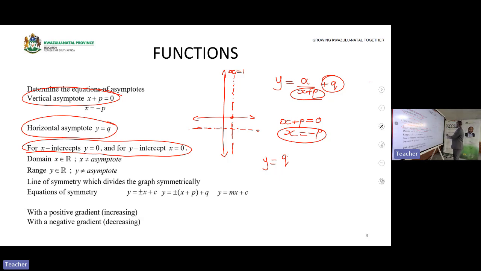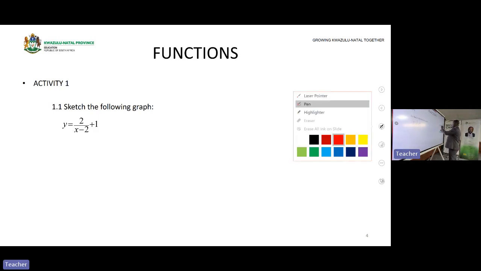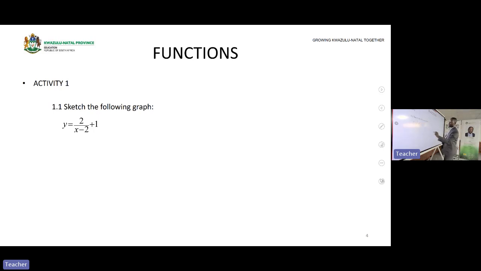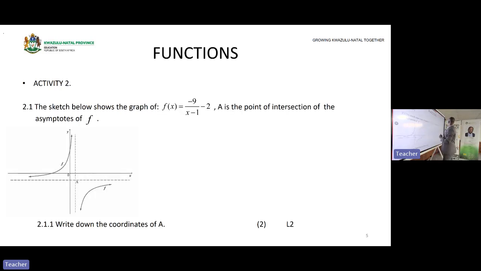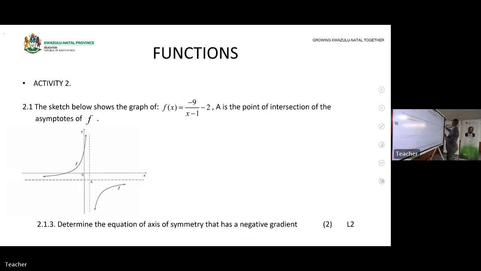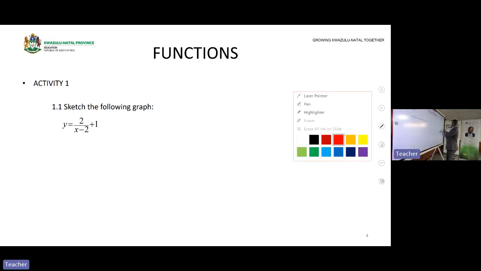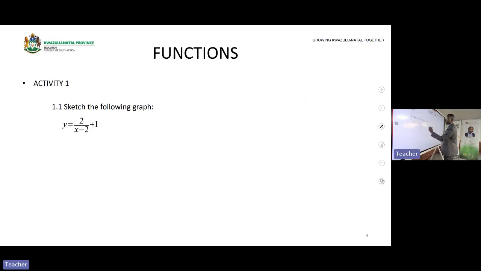And then moving on, we have an exercise that we need to do together. We have this equation here, which is y equals 2 over x minus 2, plus 1.